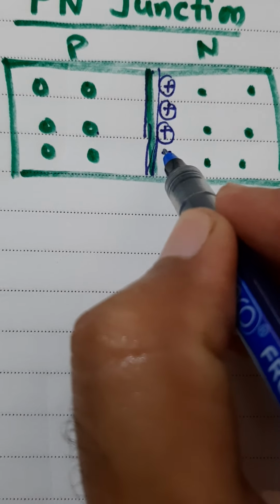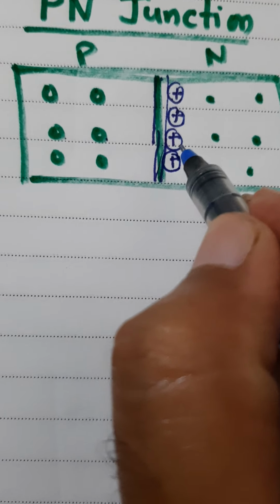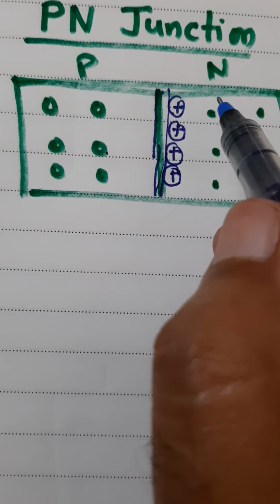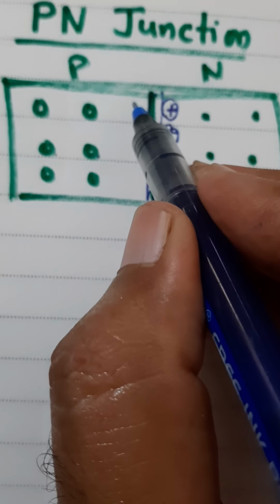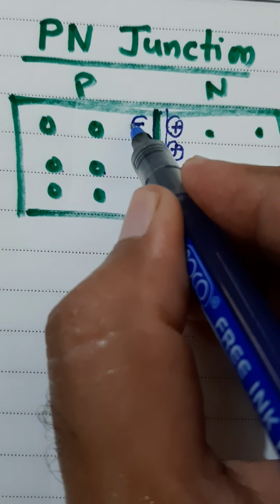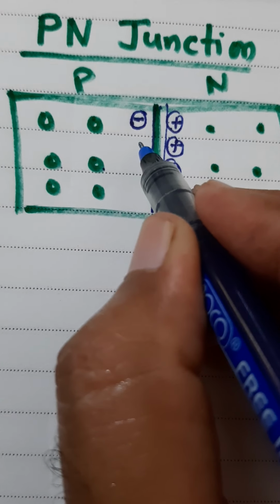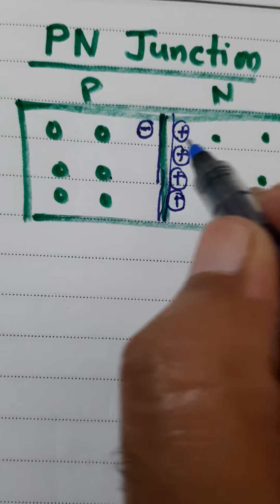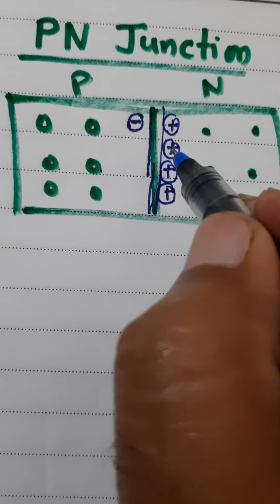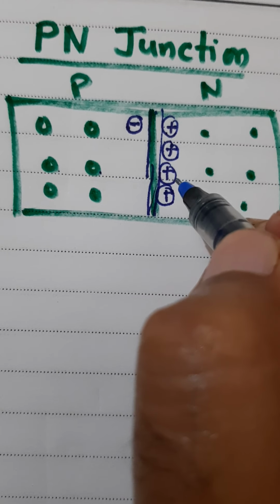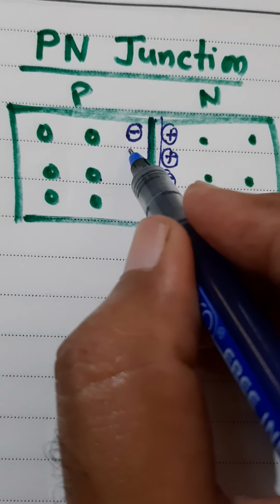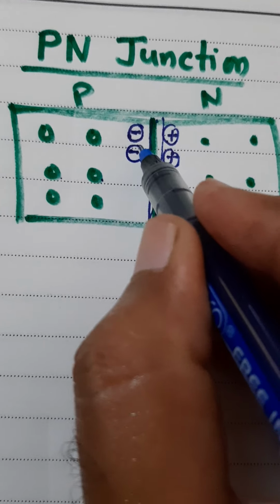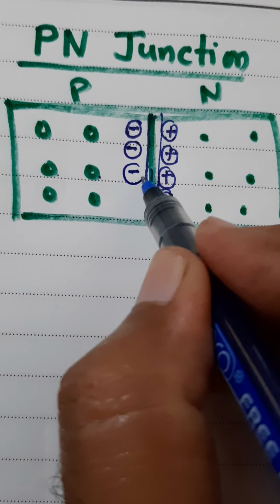They will diffuse to the n side because of thermal agitation, and the negative charge carriers will diffuse to the p side. Equal to the positive charge carriers which diffuse to the n side, there are negative charge carriers diffused to the p side here.